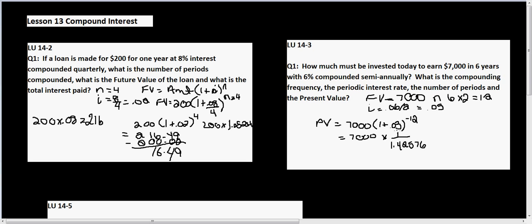But we divide that into 1 when we're determining the present value. So this then equals 7,000, and 1 divided by 1.42576 is 0.7013803.